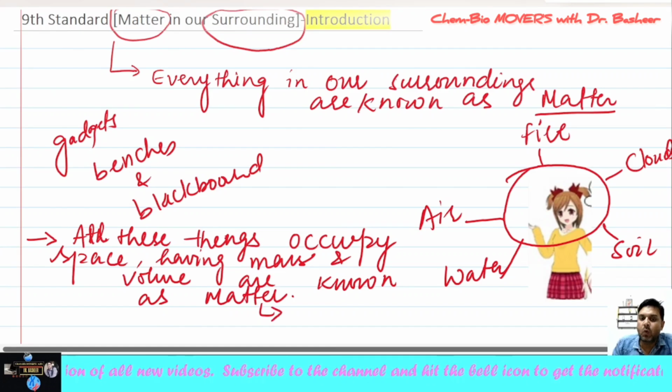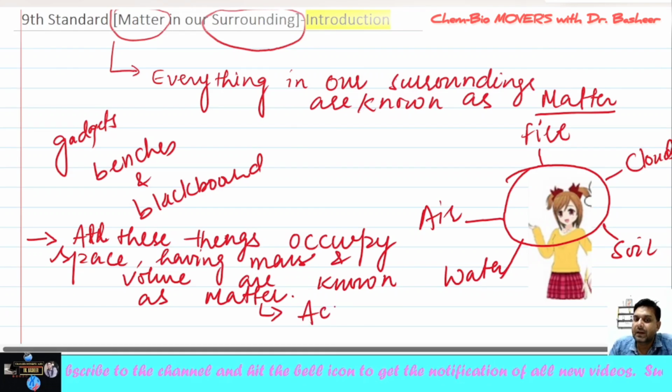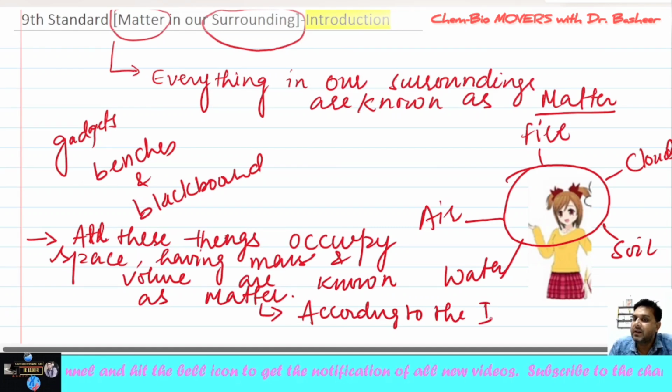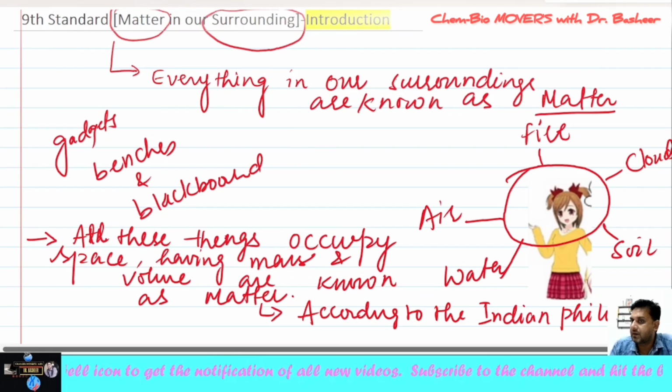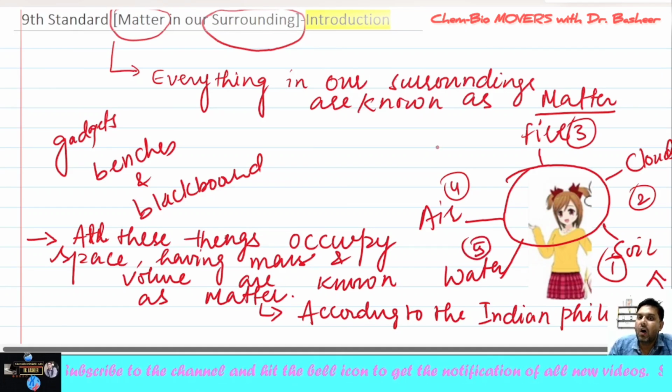We can say one more thing in that. I just want to include why I have taken these five examples. According to the Indian philosophers, these five, soil, cloud, fire, air and water, are also known as Panch Tattva.